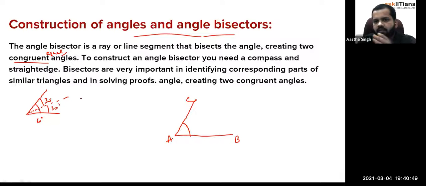The bisector will divide the angle into two parts. If it is a perpendicular bisector, it will divide a line into two parts. If this is the angle bisector, it will divide your angle into two equal parts. So what you have to do? Put your compass at point A and make an arc XY.